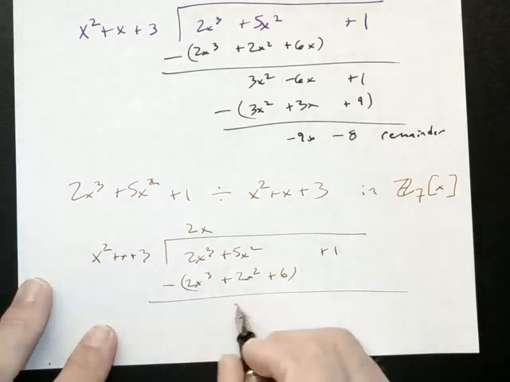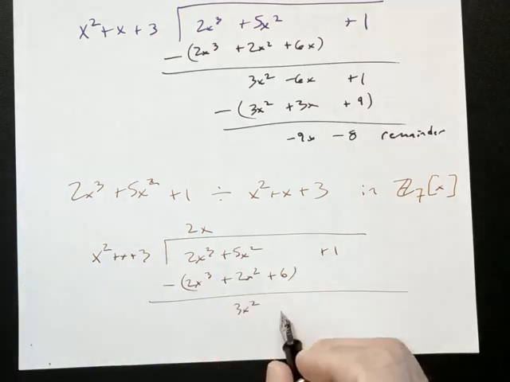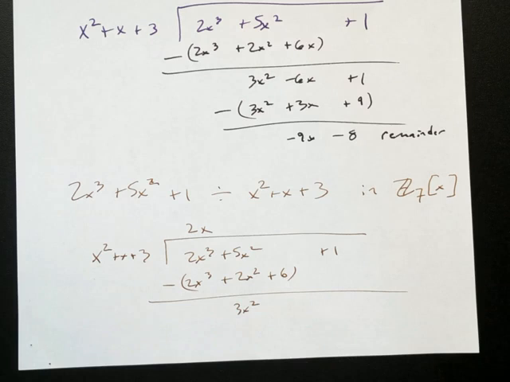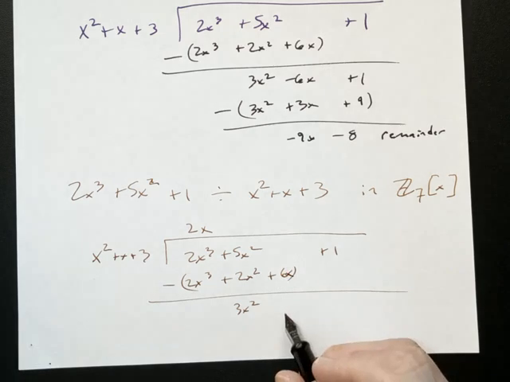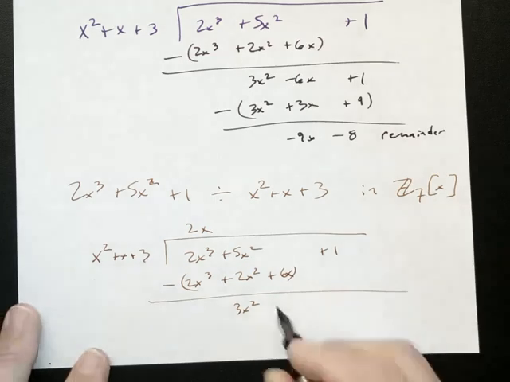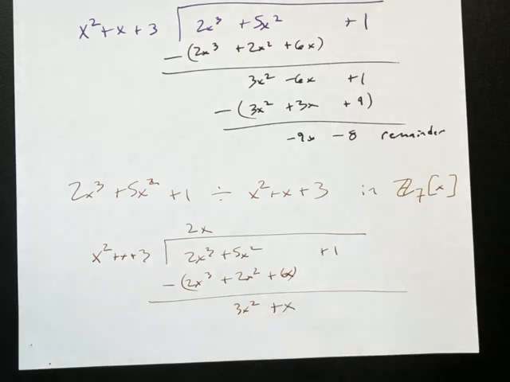I'm okay canceling those. I'm okay with 3x squared, but what happens here? Yes, it should. Thank you. What happens there, though? Aha. Minus 6, I roll it back around to be in Z7. That's plus 1.